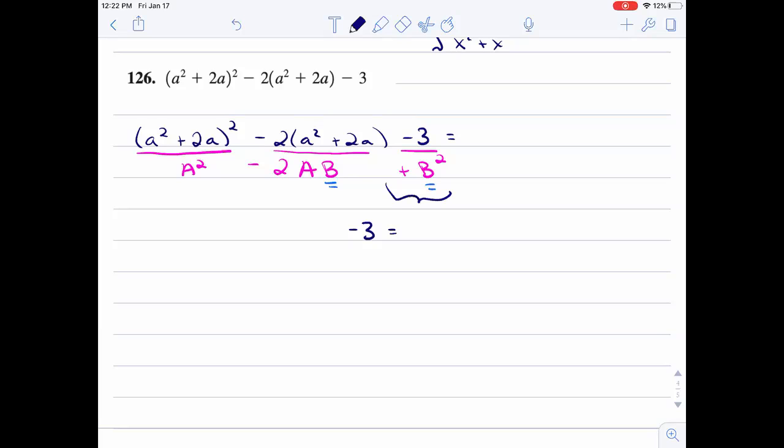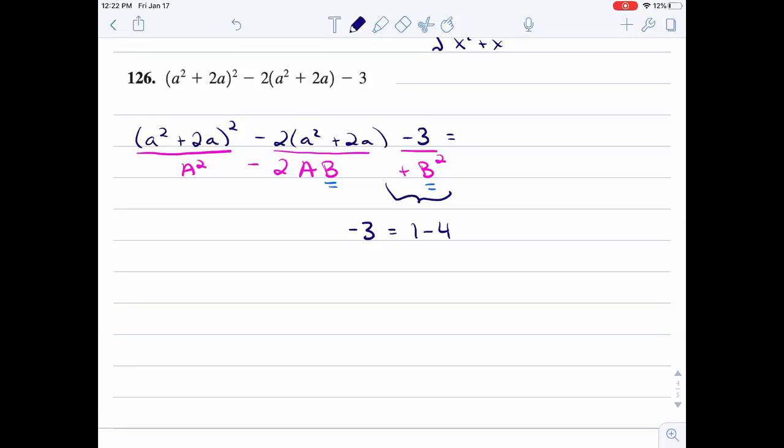So I want b to be 1, and so I can rewrite this, but I want plus b squared, so I want 1 minus 4. Right? So then I can rewrite my -3 as plus 1 minus 4.